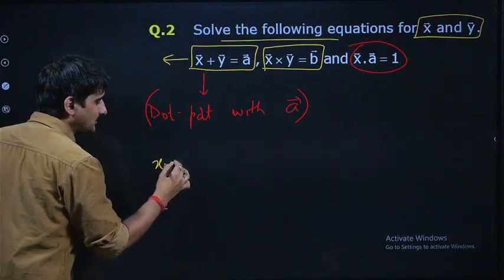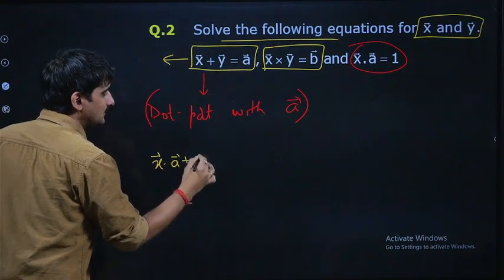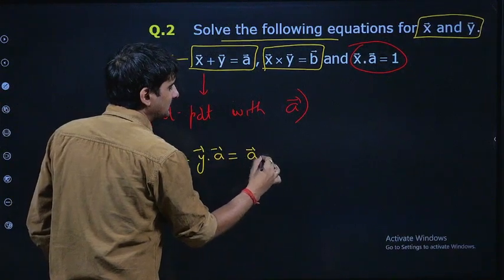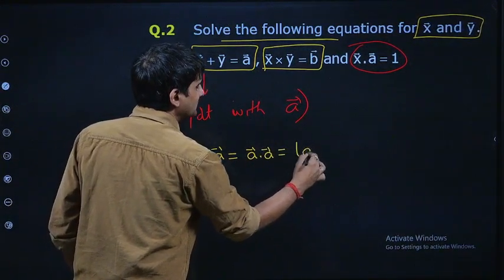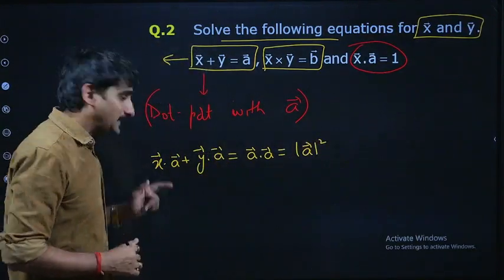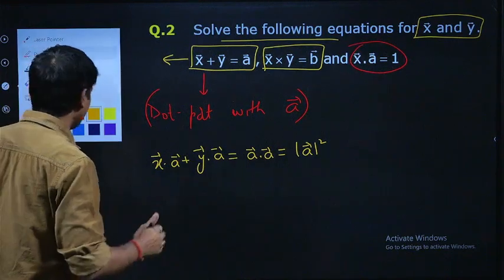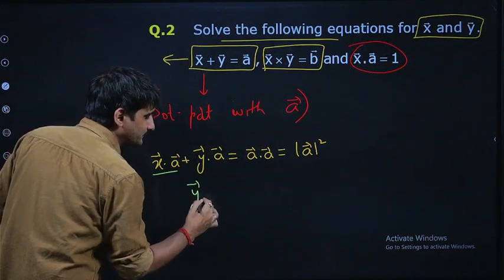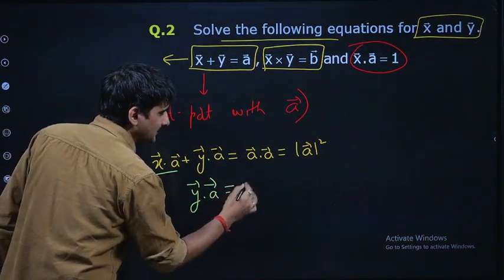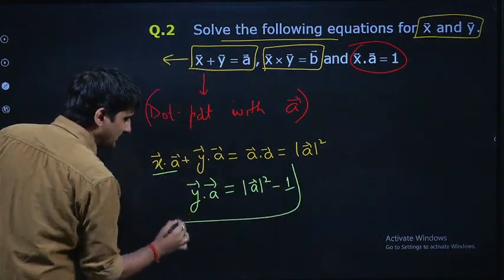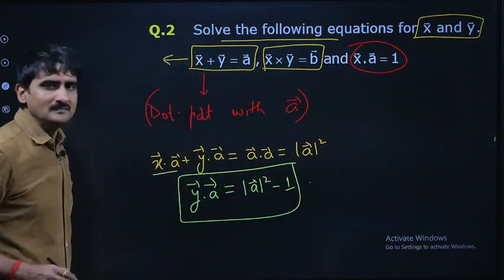We get vector x dot vector a, plus vector y dot vector a is equal to vector a dot vector a, and we all know this is nothing but magnitude of vector a whole square. Now they are all scalar, but what happened here is that we are given vector x dot vector a, which is 1. So vector y dot vector a is magnitude of vector a whole square minus 1. That's one more information we got.